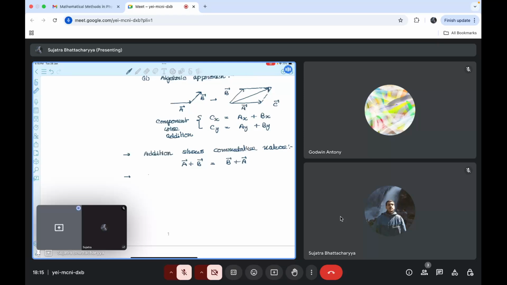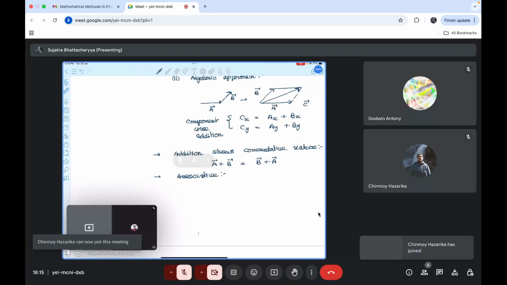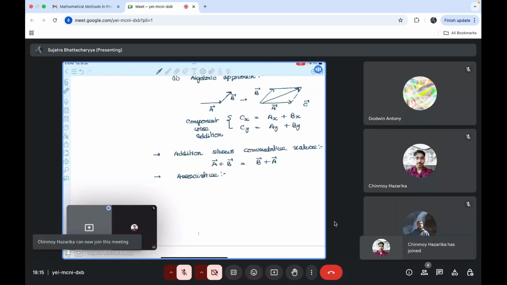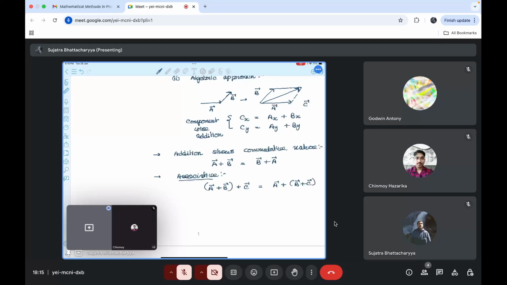Next, it also follows the associative nature. But for associative nature, you need three vectors. So suppose you have three vectors A, B, and C. Just add two together and then write it like this: this is exactly similar to A plus B plus C in one parenthesis.